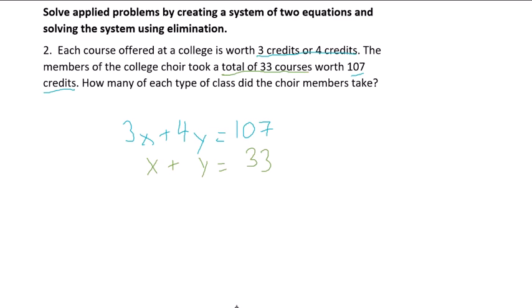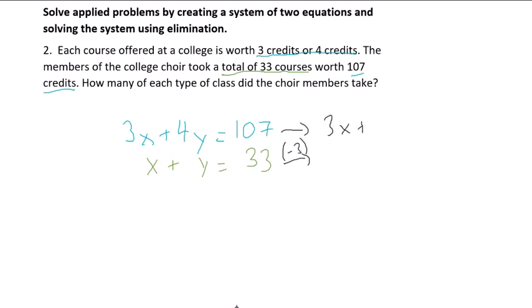Okay, so I need to multiply by something to turn the x's opposites or the y's opposites. So to make x opposites, I need to multiply by a negative 3. To get the y's opposites, I need to multiply by -4. I'll choose the smaller of the two numbers and multiply the bottom equation by a -3.